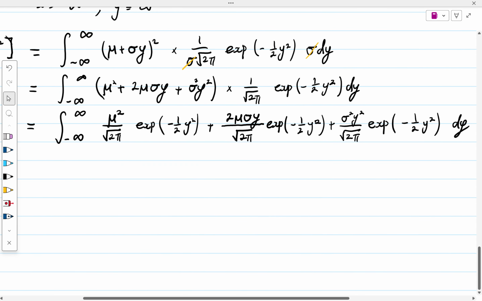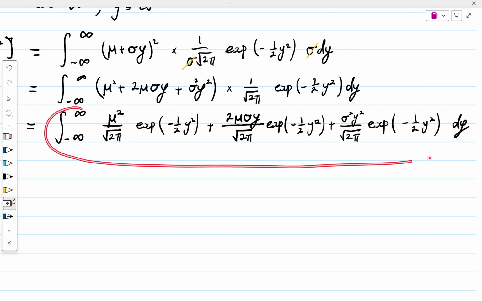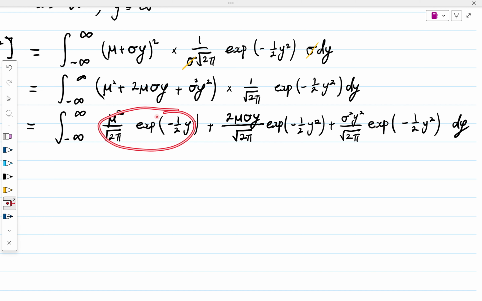Now, in a similar fashion to before, the integral of a sum of functions is the same as taking the integral of the respective functions and then summing those integrals together.